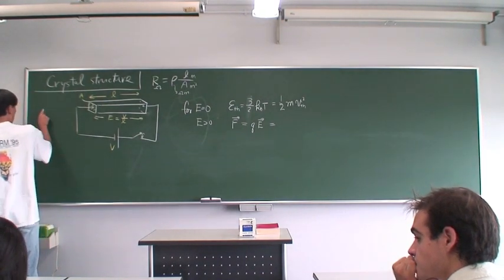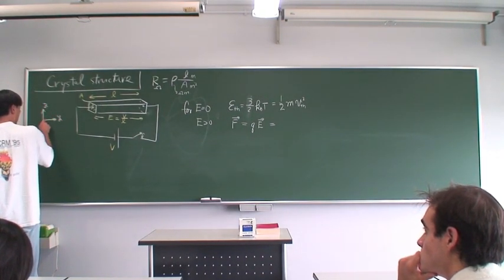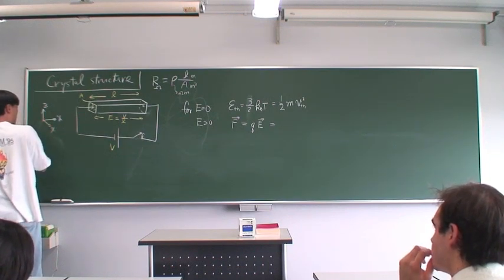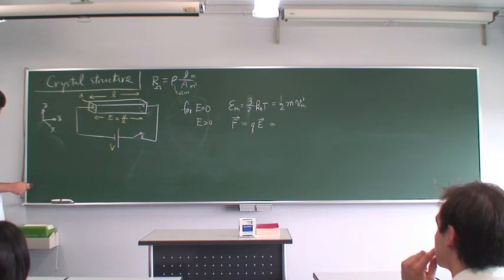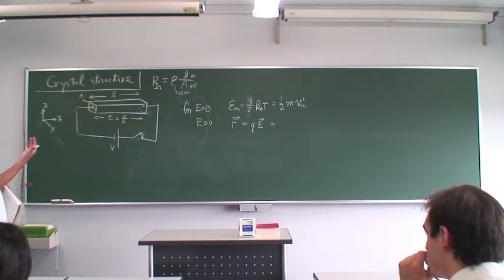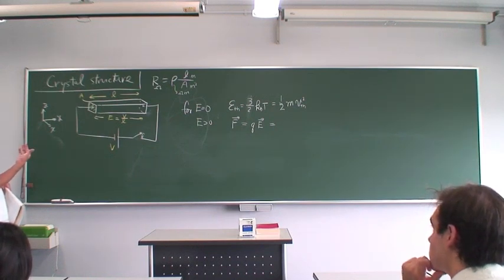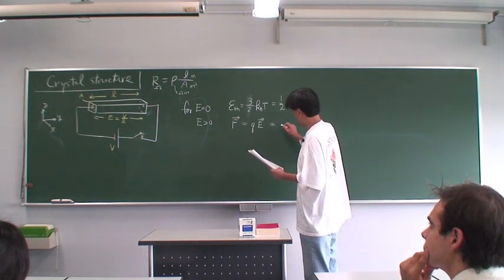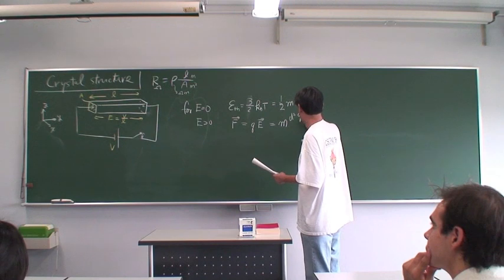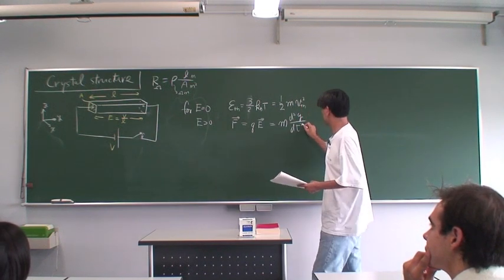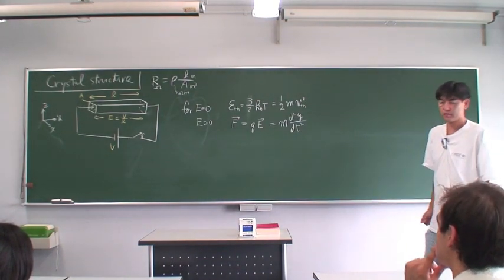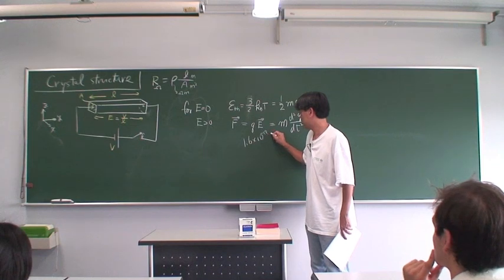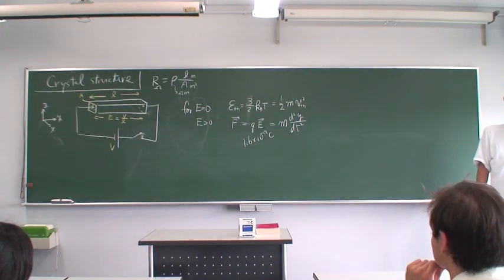If this is Z, Y, or X direction, this is okay, then we have the electric field in the Y direction. So we have m d squared y over d t squared. And Q, of course, is a charge. So it's 1.6 times 10 to the minus 19 Coulomb. That's Q.